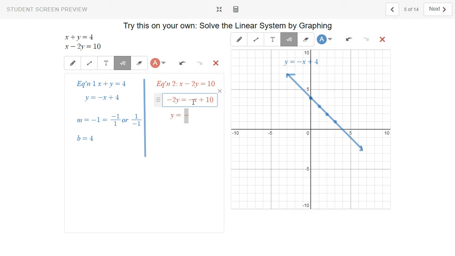So you'll notice here there's a negative x, so it implies that my numerator is a negative 1. Divided by a negative 2, we have 10 divided by negative 2. When I simplify it, 1 over 2x minus 5.